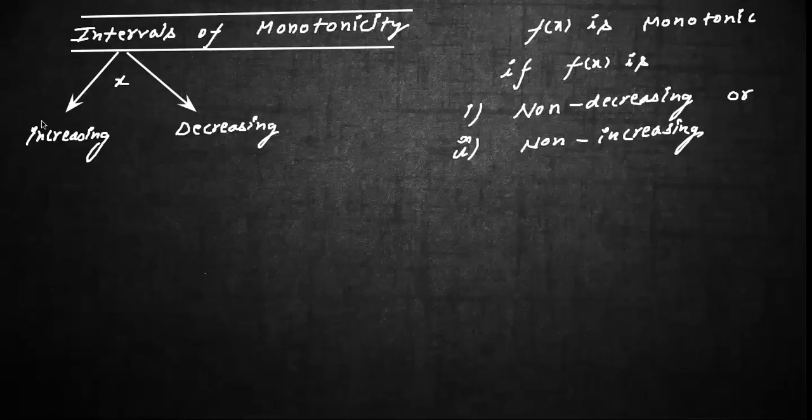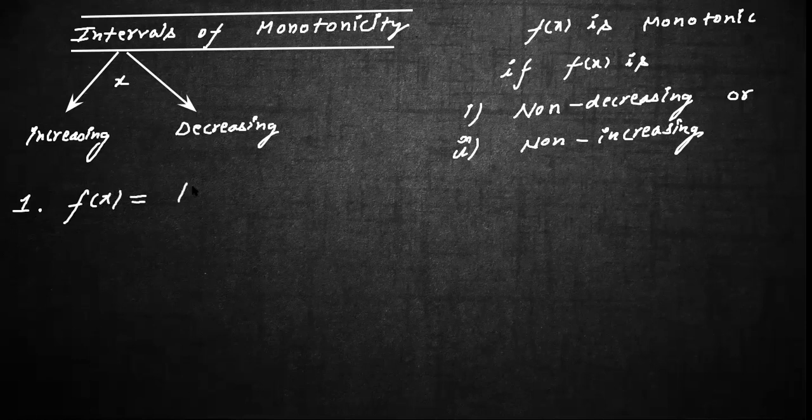So we have to find the intervals of monotonicity of the following functions. First is f(x) equals mod of x minus 1 divided by x square. Intervals of monotonicity means we have to find the interval where the function is increasing and the interval where the function is decreasing.